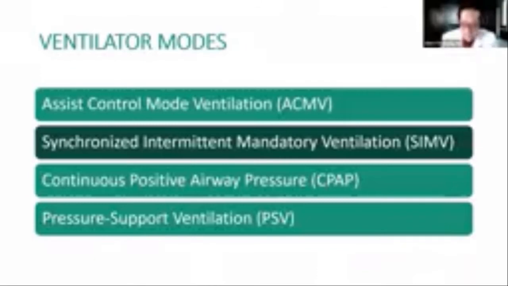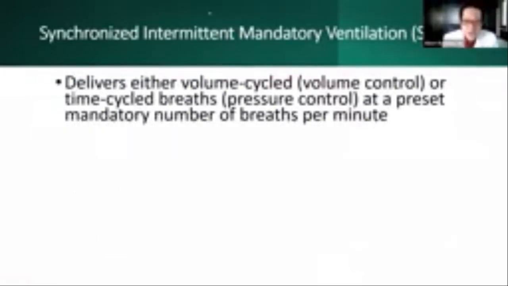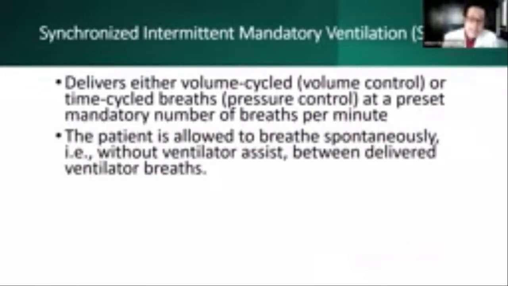So let's talk about synchronized intermittent mandatory ventilation, or SIMV. SIMV delivers either a pressure controlled or volume controlled breath. It delivers a preset mandatory number of breaths per minute.